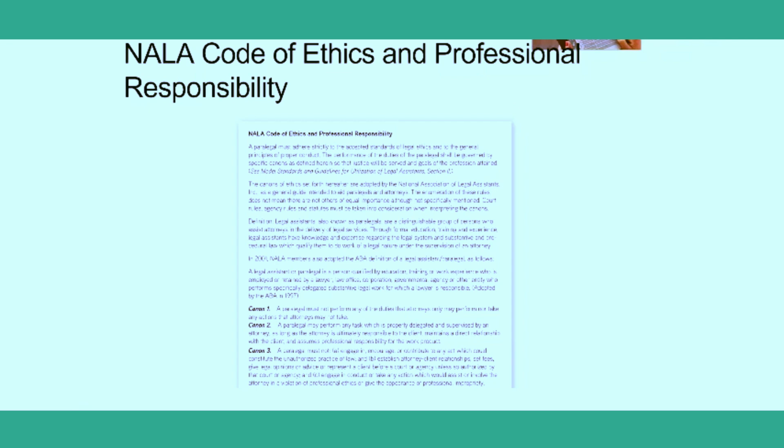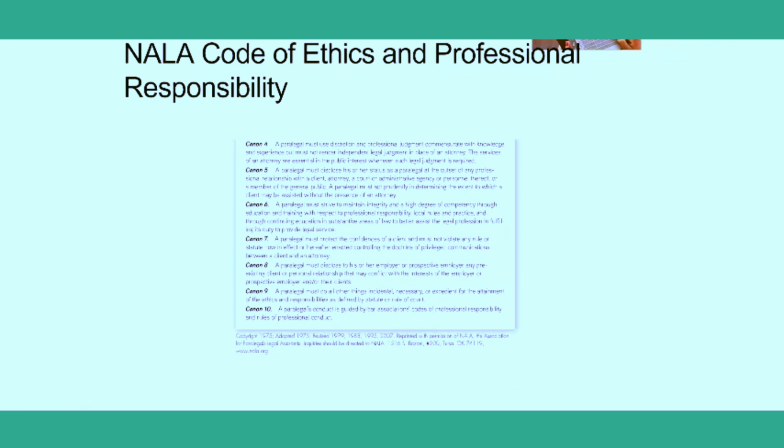And B, establish relationships, set fees, give legal opinions or advice, or represent a client before a court or agency, unless so authorized by that court or agency. And C, engage in conduct or take any action which would assist or involve the attorney in the violation of a professional ethics or give the appearance of professional impropriety. So that's the first 3 canons.